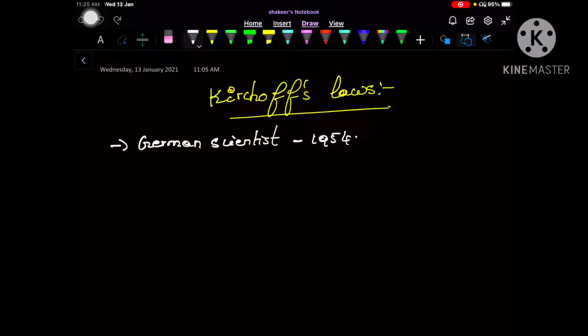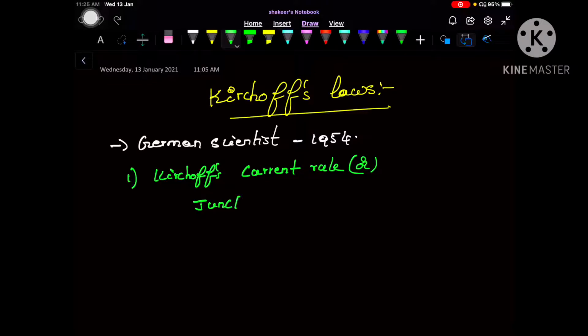So the first one, I can call it Kirchhoff's current rule, or I can call it the junction rule also.